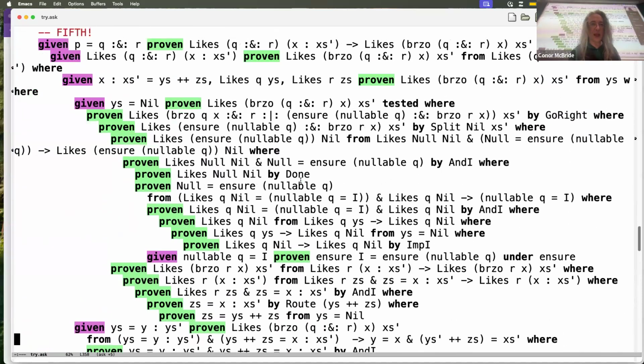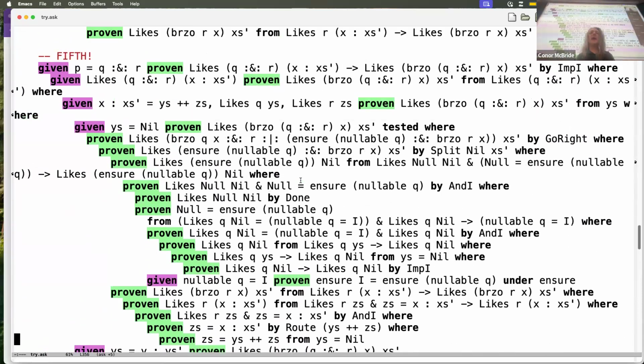Meanwhile, for the case of Q then R, well, what do you do? You've got to figure out whether Q at the input or R at the input. So you ask, how did Q then R match this input? And you find out that it splits into Y's and Z's. And what we really need to know is whether Y's is empty or not.